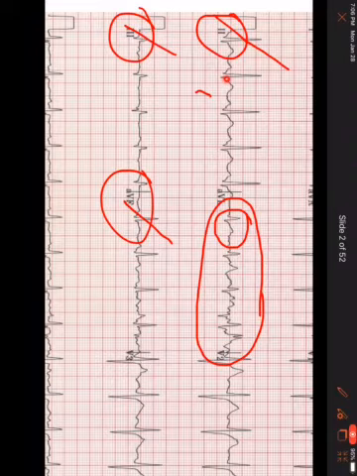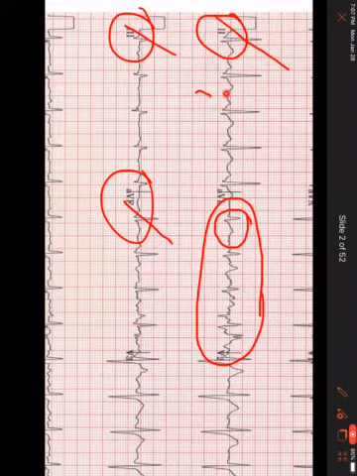So the J point and ST segment are used pretty interchangeably in the interpretation of 12-lead EKGs. So we're looking for that J point or that ST segment to be elevated by more than 1 millimeter, which is one small box, as it compares to the isoelectric line. So if I'm calling that right there my J point or my ST segment, then I would be comparing that to this isoelectric line right here.